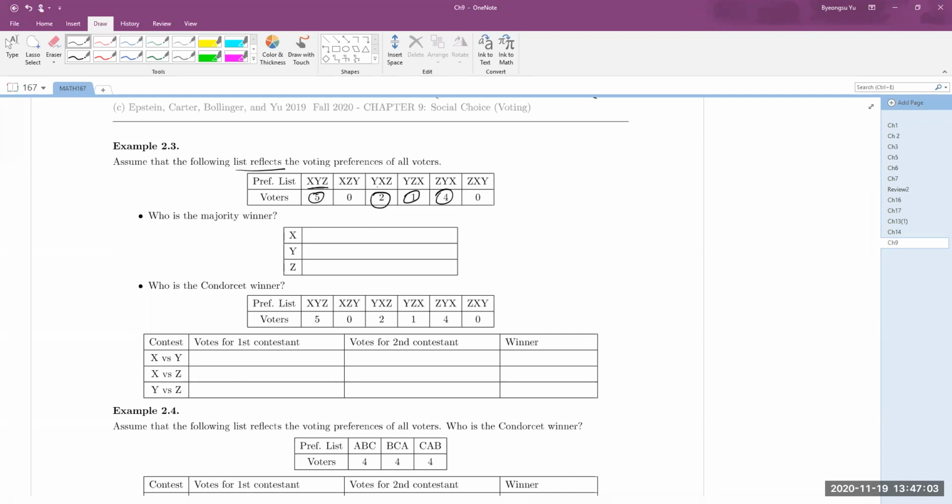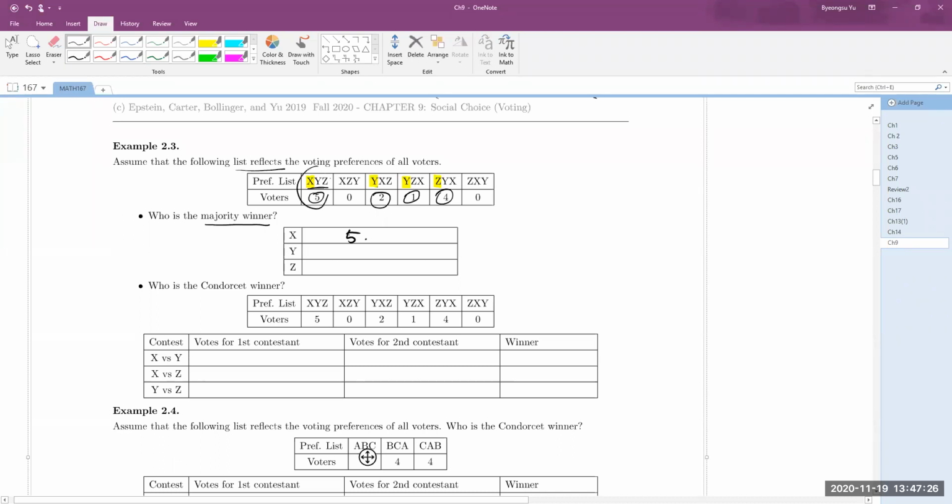So in that case, to get the majority winner, you need to think about the first letter in each case, right? Then the number of voters who prefer X the most is 5, right?